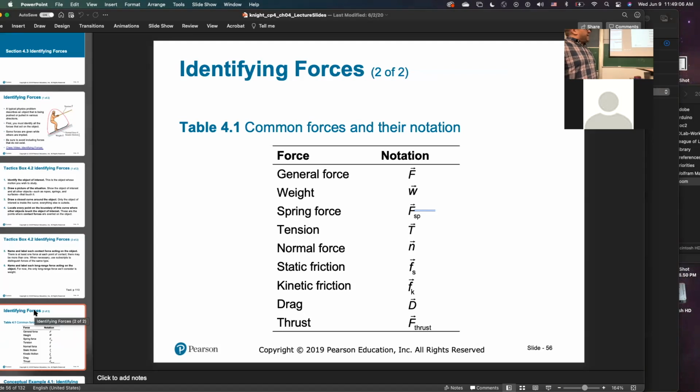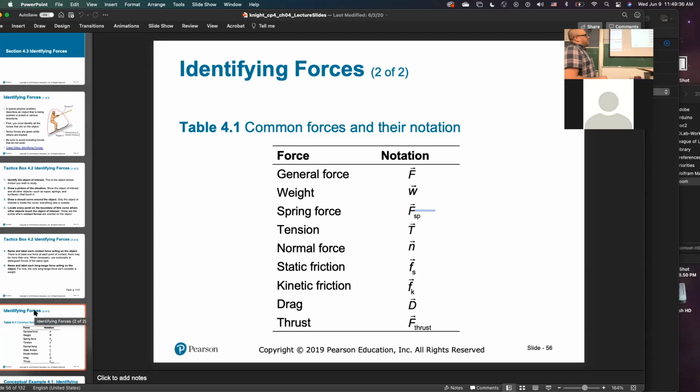What's the difference between a static frictional force and a kinetic frictional force? Yes, that's true.